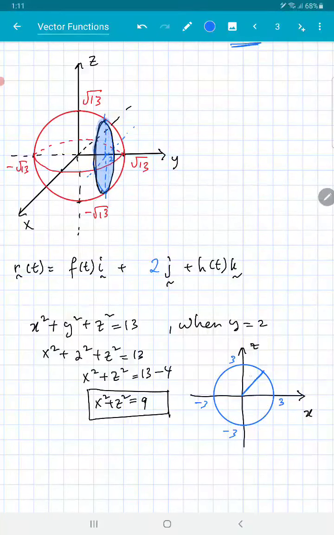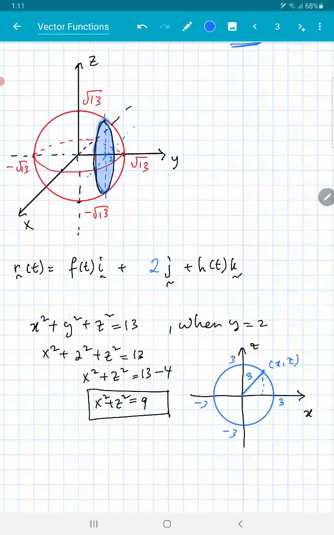The distance from the center is always 3. Let's say here we have a point x, z. Now we need to figure out the relationship between x and z.